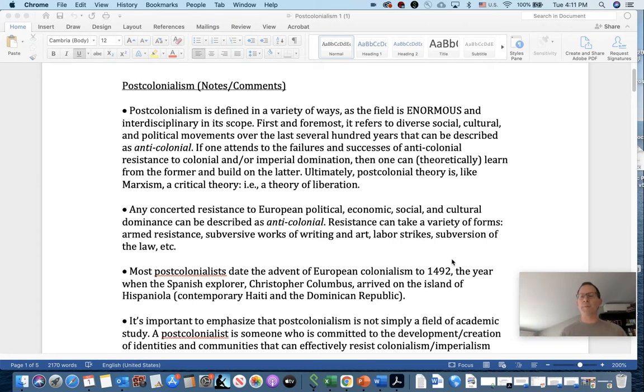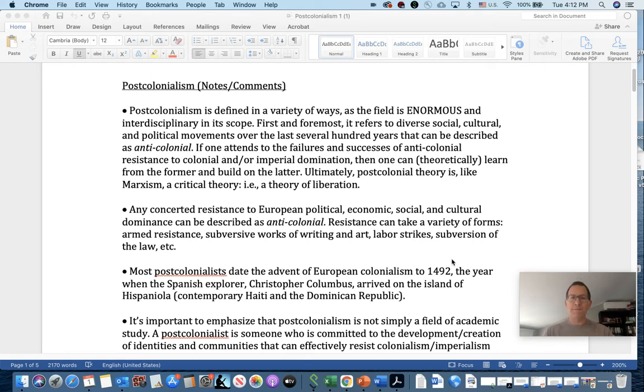In philosophy departments, social sciences, liberal studies, women and gender studies, history, you name it. Anybody who's working in the humanities and the social sciences needs to know some of the fundamental concepts from postcolonialism or postcolonial theory, right? So it's defined in a variety of ways. And as I mentioned, it's an enormous and interdisciplinary field.